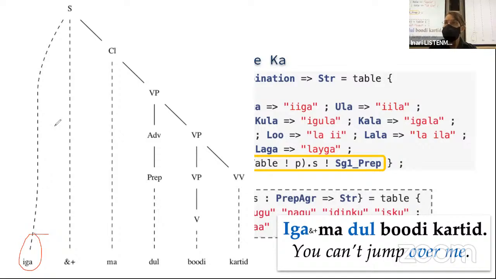Here it comes, and it comes all the way from S. Because previously, all the way here in prep, adv, VP, CL, it was just the parameter, and it only became a string in S. Right. Any questions about this?